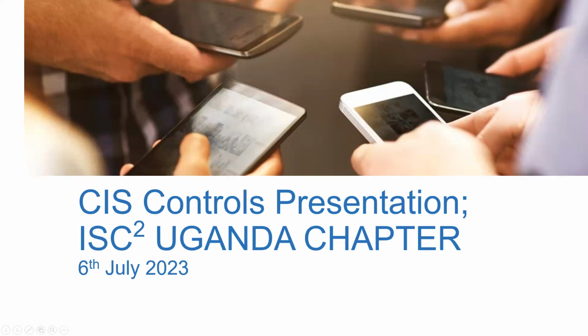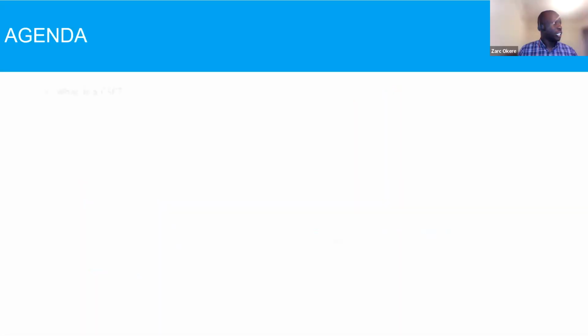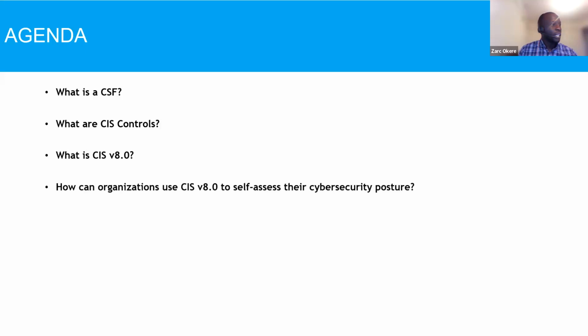Okay, thank you. So we'll start with the agenda, where we're going to look at what is a cybersecurity framework, then what has brought us here, as in what are CIS controls, what is the CIS version 8.0, and as organizations, how can they use version 8.0 to assess their cybersecurity posture? What are the benefits of self-assessment? Because we have two types of assessments.